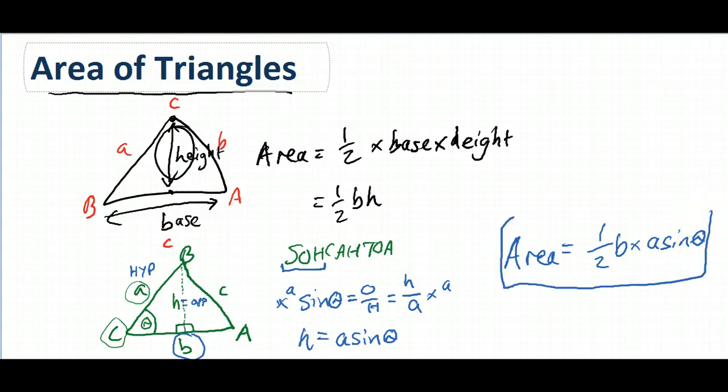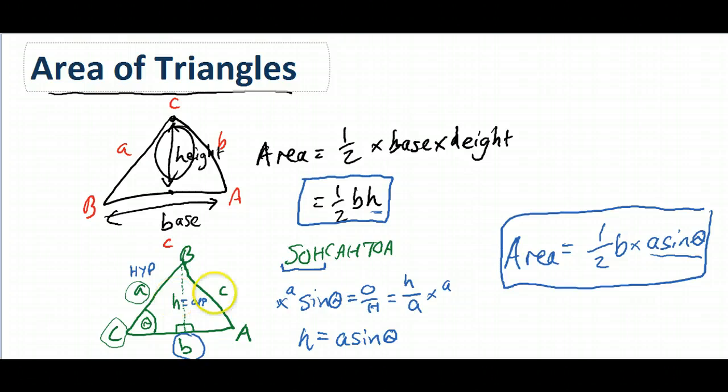So it's really the same equation as this one here. You can see how similar they look. The only difference is instead of H, because we didn't have H, we had to use A sine theta to find H. That's what Sohcahtoa taught us, that H is the same as A sine theta. So now we've got an equation we can use to find the area of triangles.